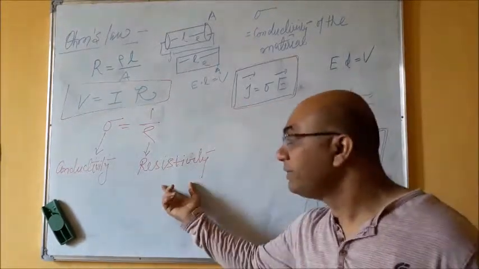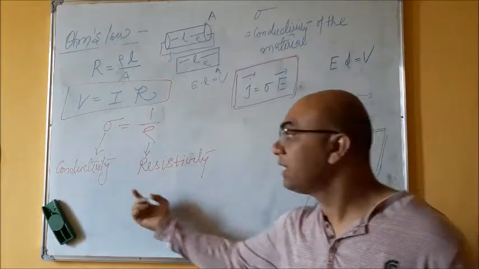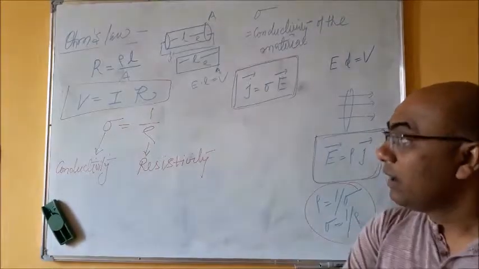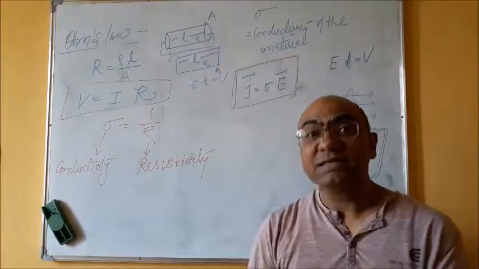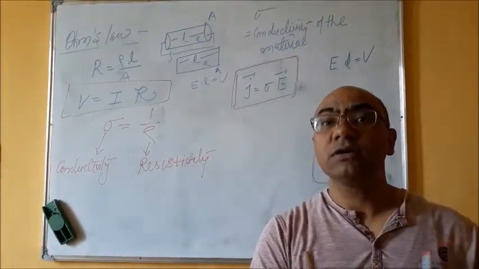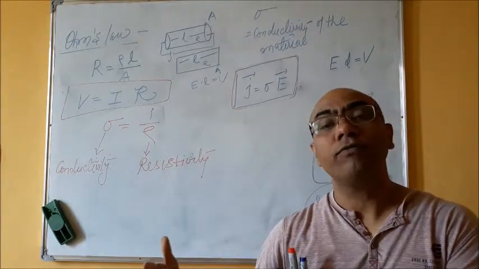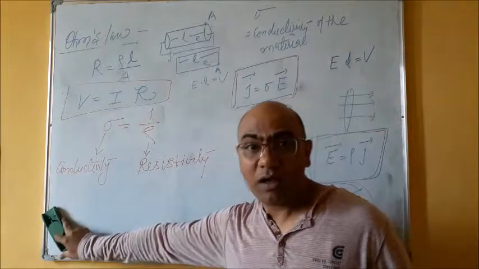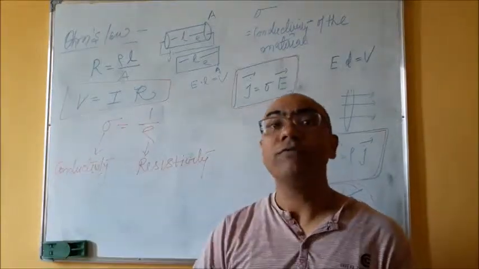If resistivity is less, then conductivity will be more. Resistivity opposes the flow of current, while conductivity supports the flow of current.